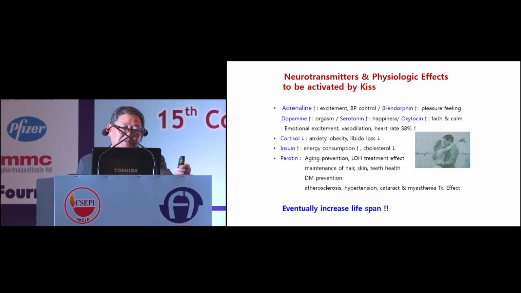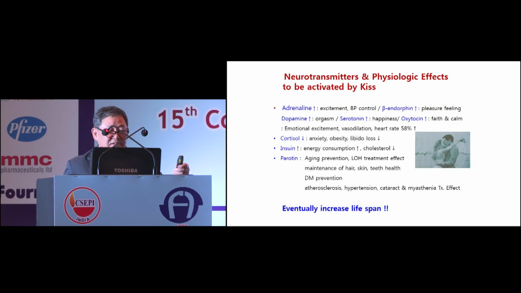This kind of neurotransmitter eventually induces emotional excitement, vasodilation, and heart rate increase. On the contrary, the cortisol level is decreased by a kiss, which induces a decrease of anxiety, obesity, and libido loss.